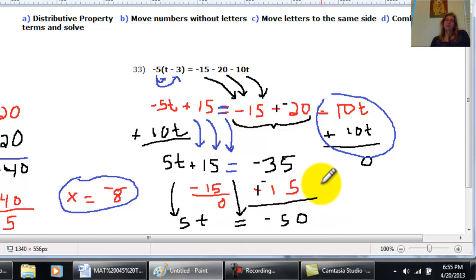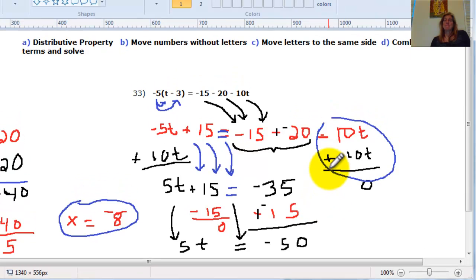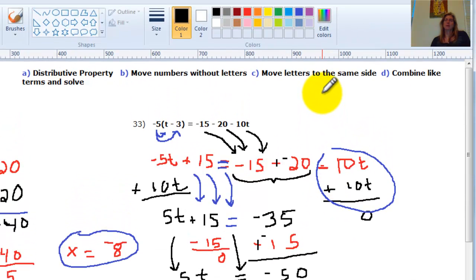So when you have 5t equal to negative 50, let's write it up here. Well, you're going to divide 5 by both sides because it's multiplied by the t, and so you need to do the opposite. Divide 5 by both sides, and that of course cancels.